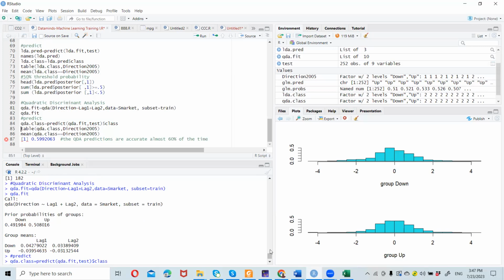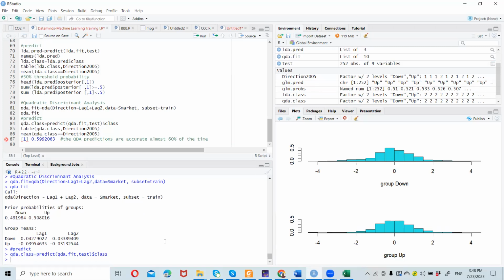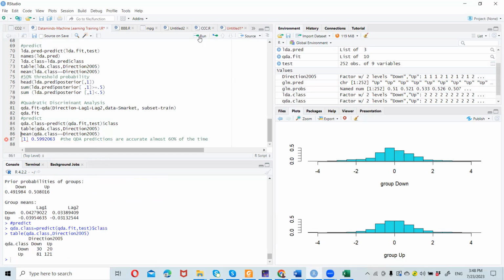What do we have? All right. Now what this is telling us is that we have 0.599. What it's telling us is that the model's prediction is about 60% accurate.